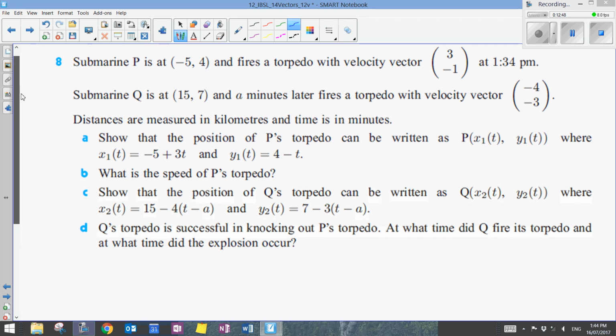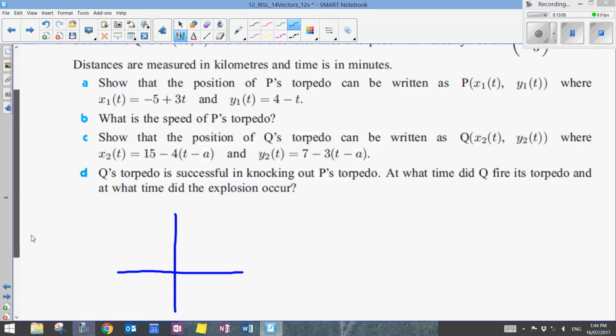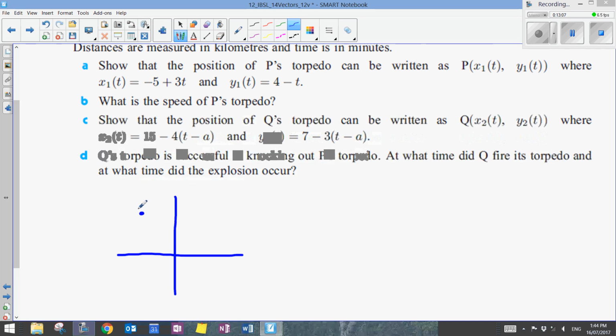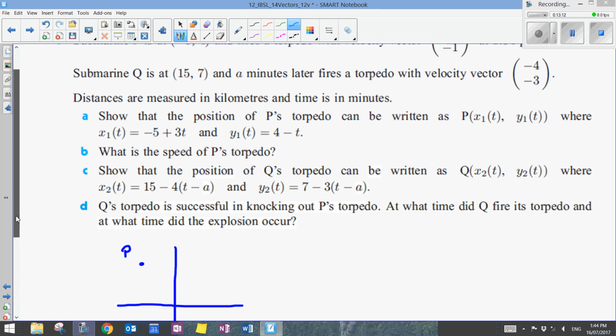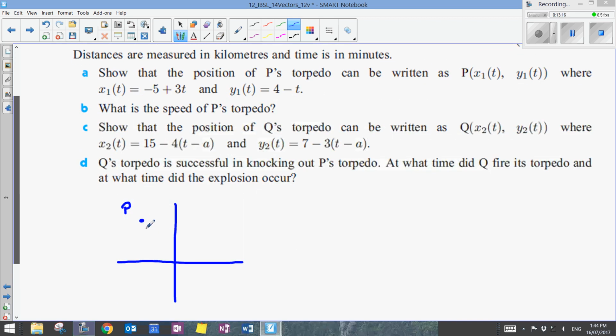So just to get our heads around the situation, we have a submarine P that's at negative 5, 4, and it fires a torpedo in the direction of 3, negative 1. So already, in my mind, I'm drawing this picture. Submarine P is at negative 5, 4, so it's sitting up here somewhere. It fires a torpedo in the direction of 3, negative 1, so it's traveling 3 units right, 1 unit down, so traveling in this direction.